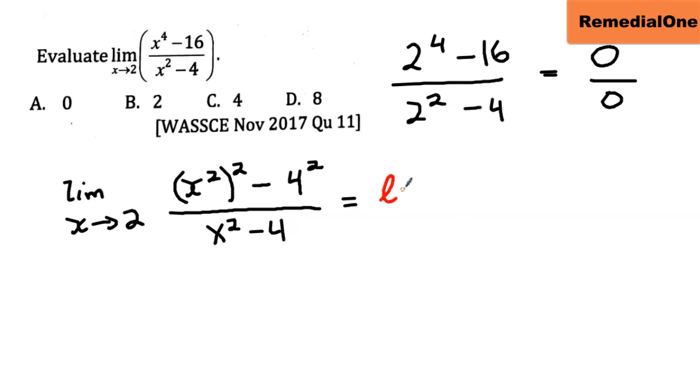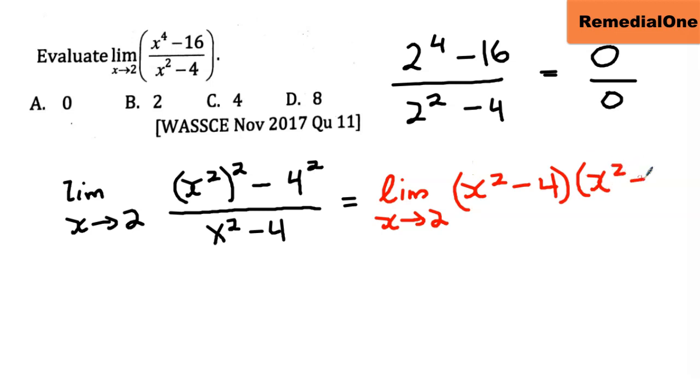So the limit as x approaches 2 here becomes a difference of 2 squares. We get x squared minus 4 and x squared plus 4, all divided by x squared minus 4. Realize that we have the same, so they turn into 1, so they go away.